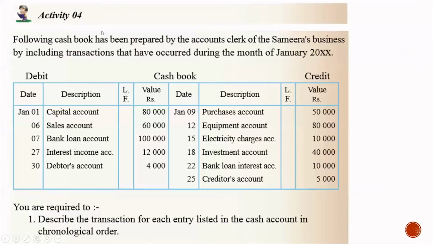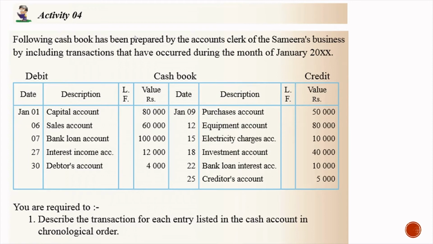Your next activity is also something that you have to understand because this can be there in your exam, right? This is something new and different. Here, a cash book is given with the entries you are to do. Describe the transactions for each entry listed in the cash account in chronological order.